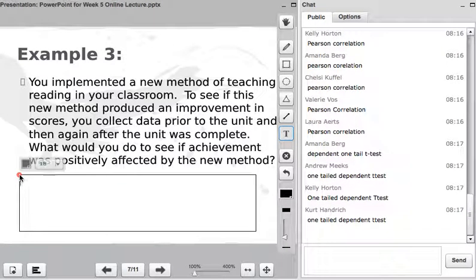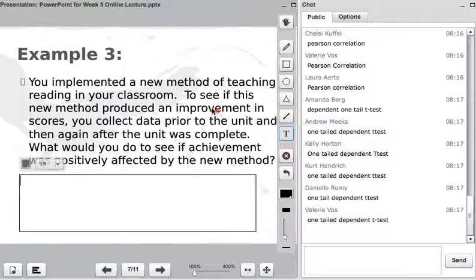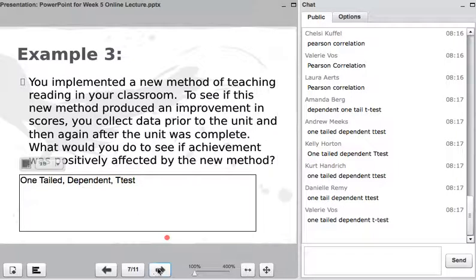Okay, very nice. So we know it's one tail because it's looking for positively affected. Also, we know that from improvement. We know it's dependent because they are pre-testing and post-testing. And we are looking at a t-test because we're looking at whether it affected the achievement, not to see if there's a relationship between the two. So it is for sure a one-tailed dependent t-test. Nice.